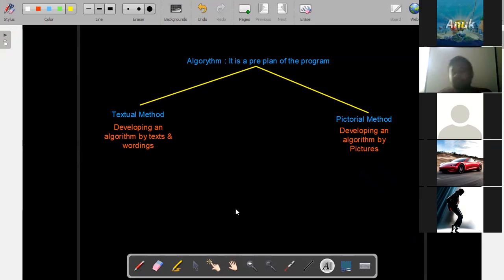Right. Now I'll show you a little example for the textual method.